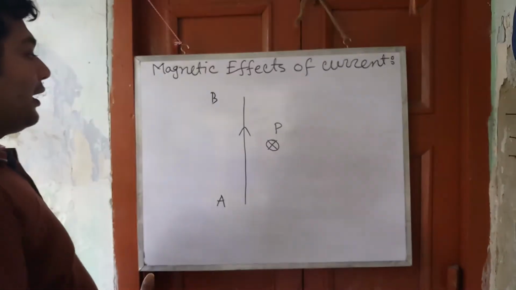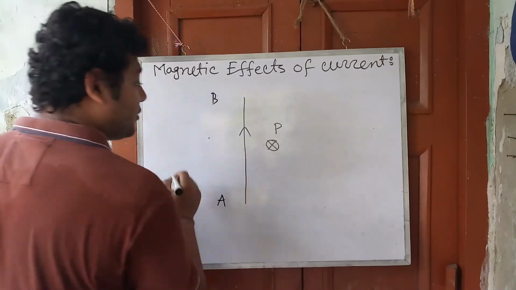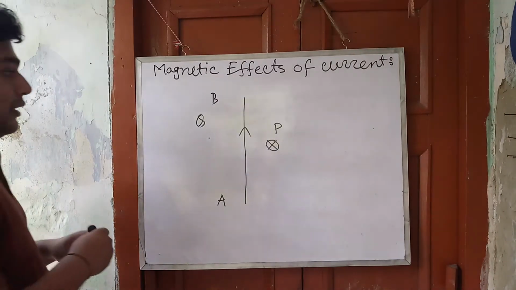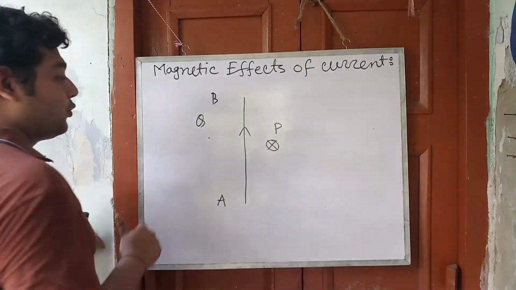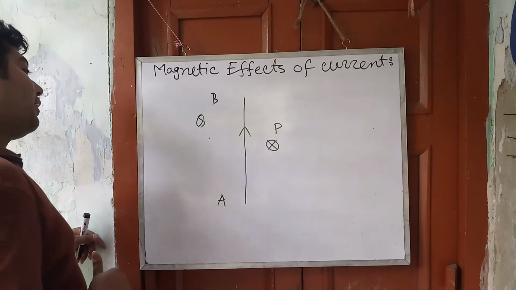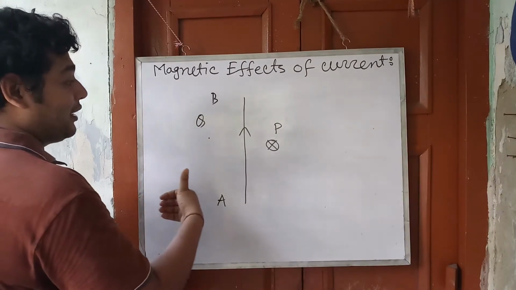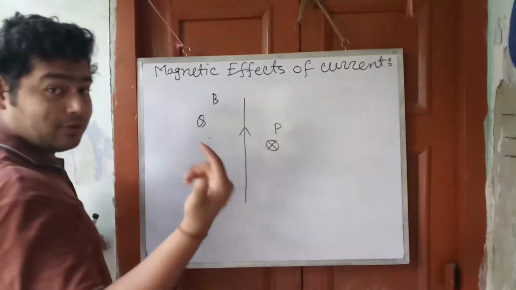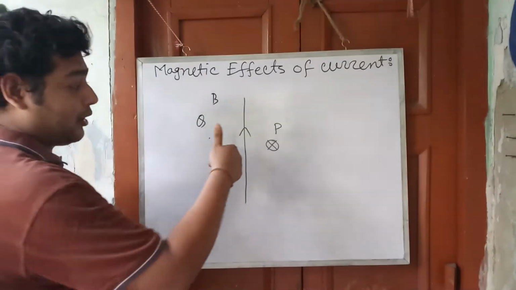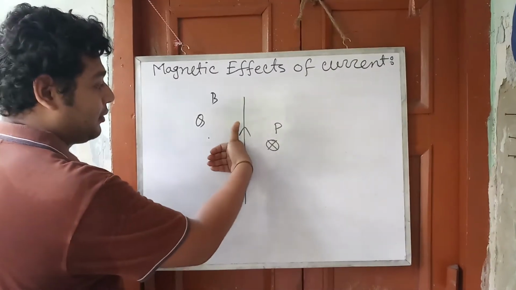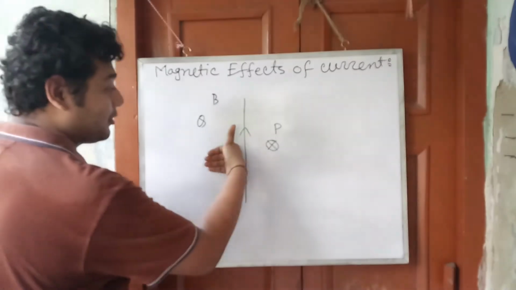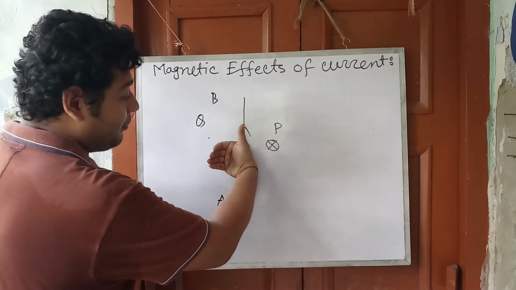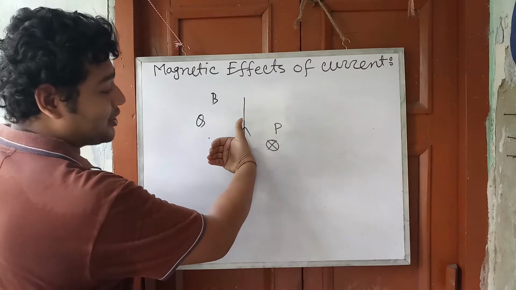Again, for this point, suppose the name of this point is Q. Try it in your CW copy. We place our thumb according to the direction of current.